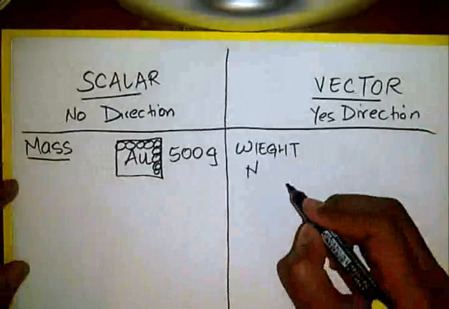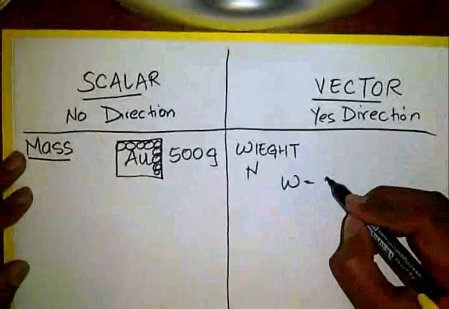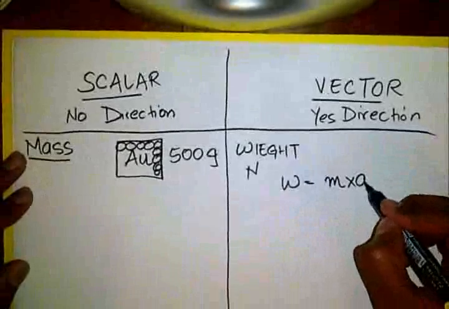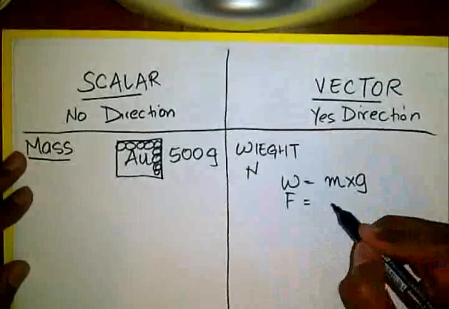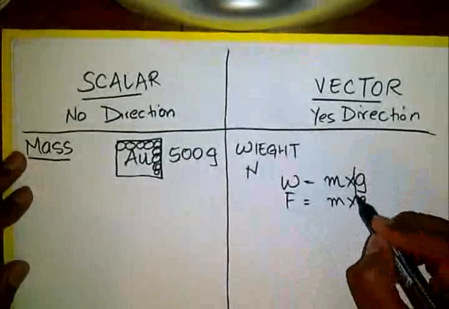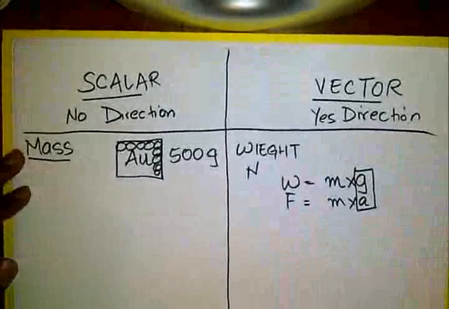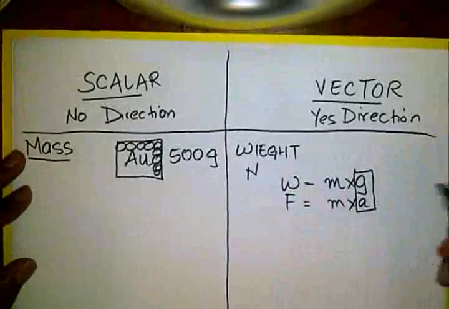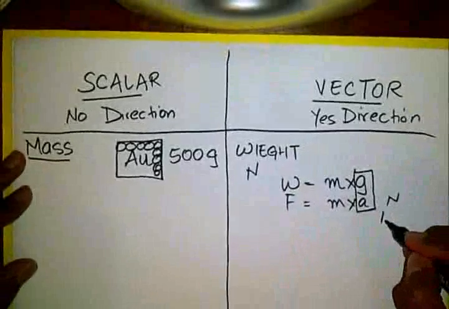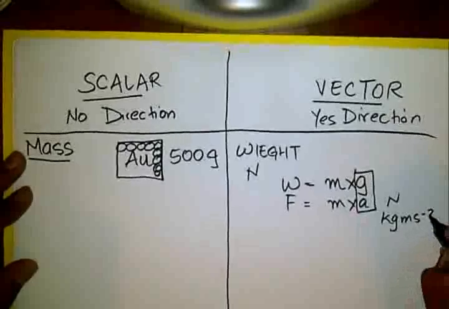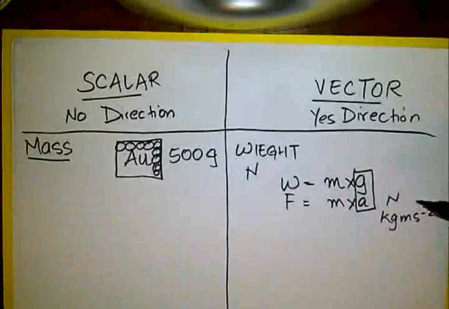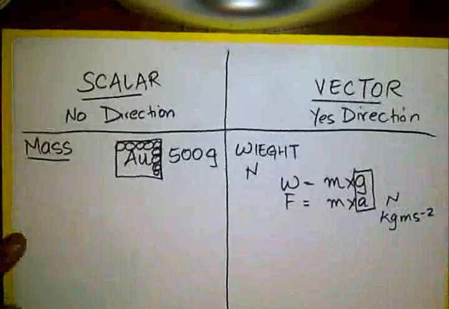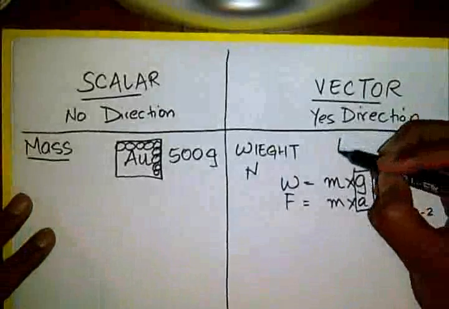You know, the equation of weight is mass times the acceleration due to gravity, and this looks familiar because force is just mass times acceleration, and the unit for force is Newton, or kilogram meter per second square, which means that the unit for weight would also be Newton. So weight is a vector which always acts downward.